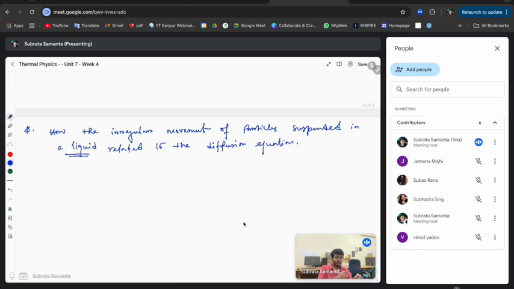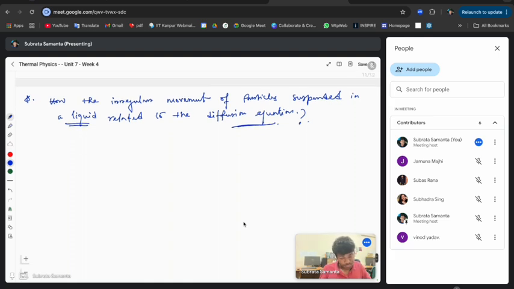You know what the diffusion equation is, right?